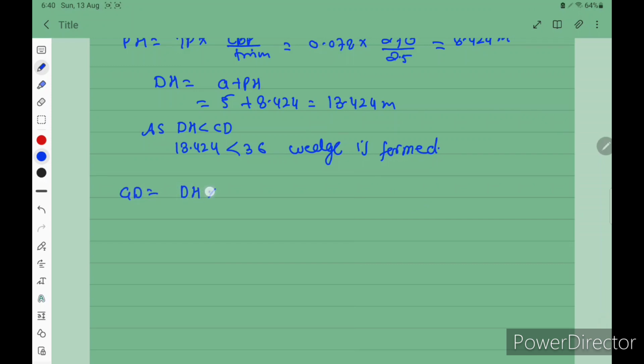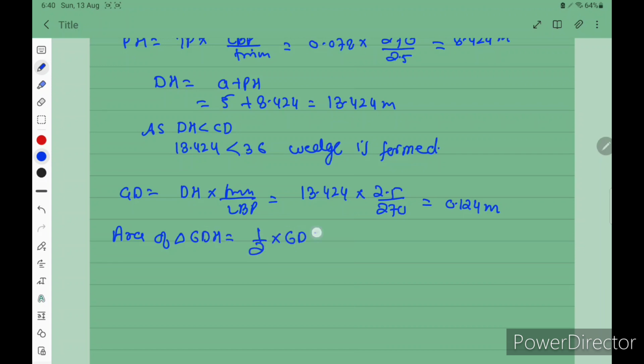Height is equal to DH into trim by LBP is equal to 13.424 into 2.5 divided by 270 is equal to 0.124 meter. Now find out the area of triangle. Area of triangle GDH is equal to 1 by 2 into GD into DH. So 1 by 2 into 0.124 into 13.424. So we get 0.832 meter square.